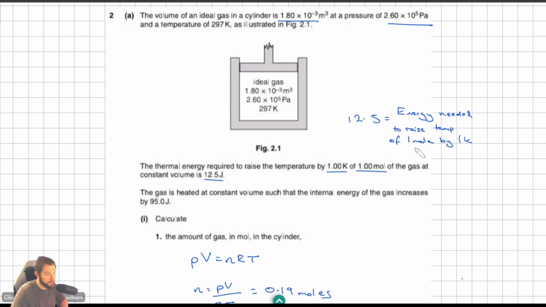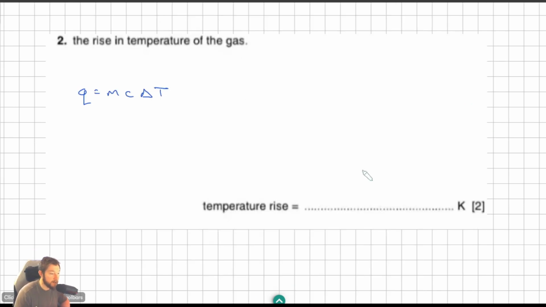by 1 Kelvin. So in a sense, we are kind of inventing a new equation that's just applicable to this question. So we're not going to use that. And instead, we are going to say that we've put in 95, and that is the energy that has been used to raise the temperature of 0.19 moles.